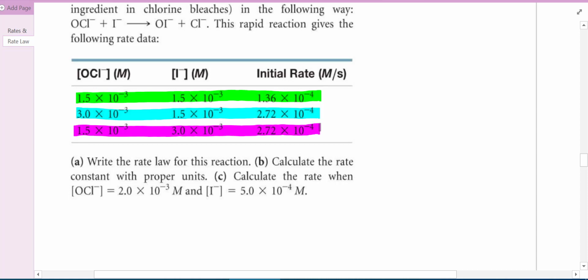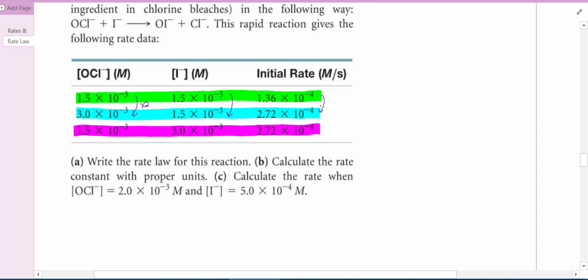Alright, so what do we have? If I look at the difference between 1 and 2, green and blue, there's no change in I minus. What happens here? Well, that's times 2, 1.5 to 3, it's a double. So it's just the same exponent.